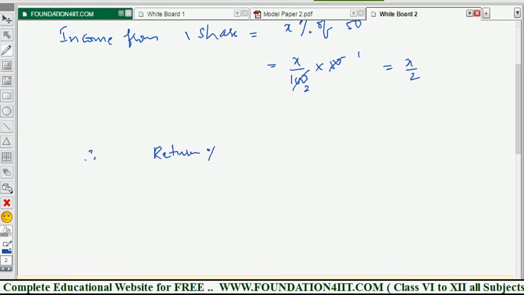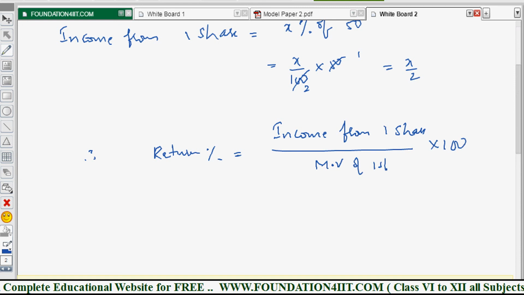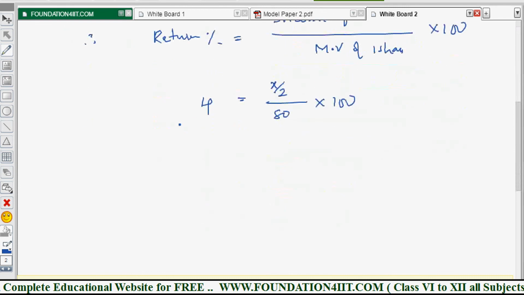So return percentage is equal to income from one share by market value of one share into 100, right? Market value of one share into 100. Then according to this it is given 4%, and income from one share is X by 2 by market value is 80 into 100. This is all they mentioned. Using this, you can find out the value of X.